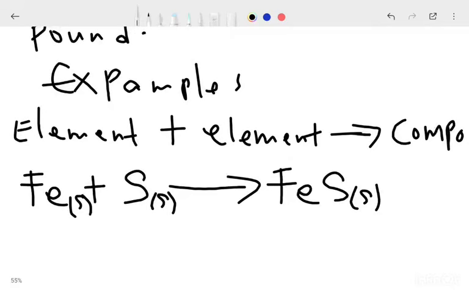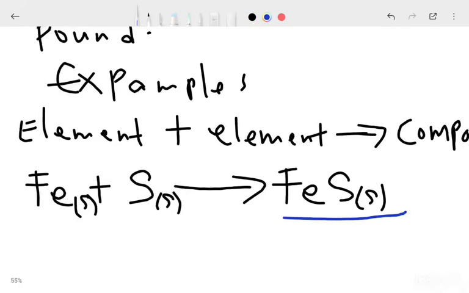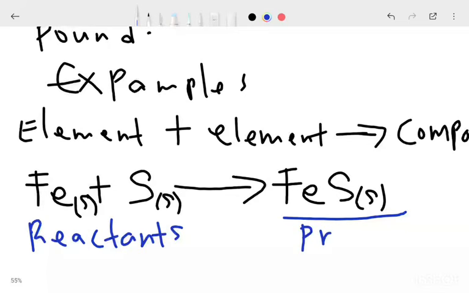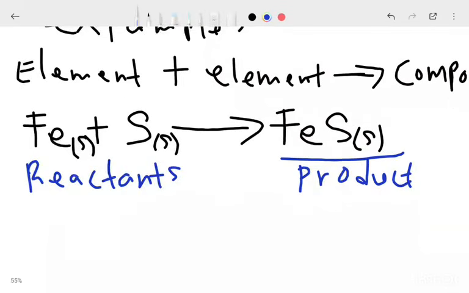Now, element plus element will give us compound. So you notice that this particular one is a compound. We call the ones on the left side the reactants. Are you getting it now? They are the elements, and they are the ones reacting.